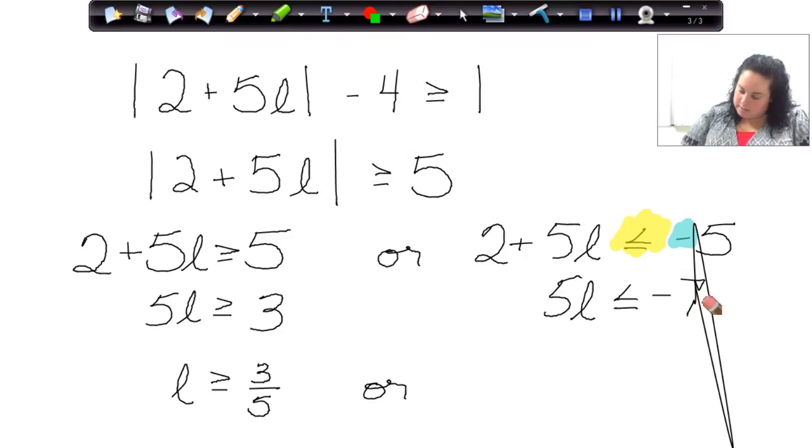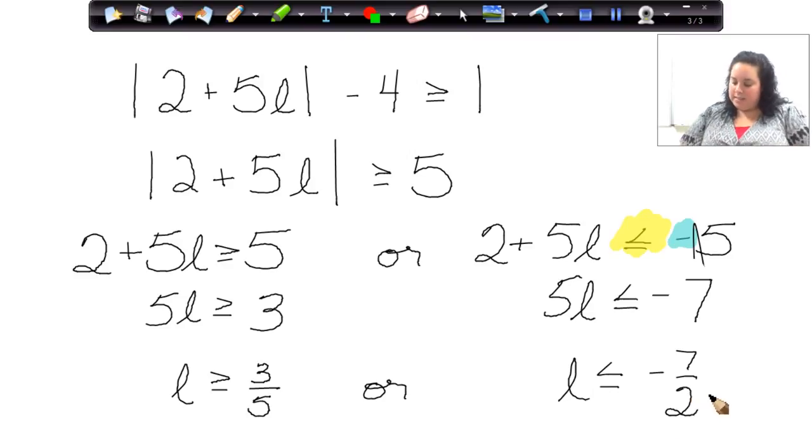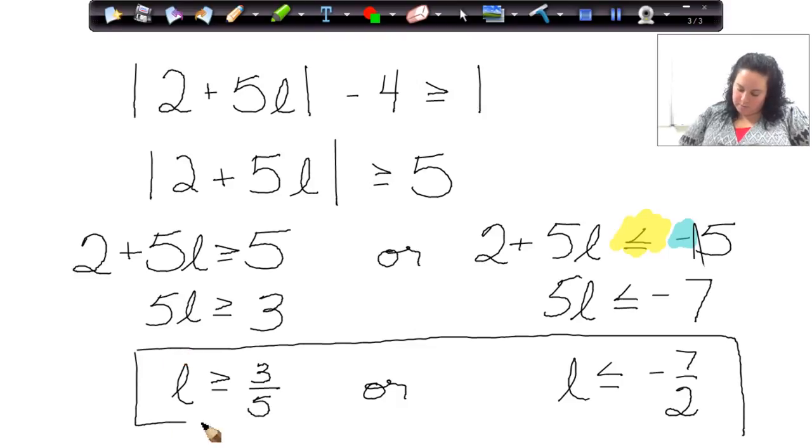L is less than or equal to -7/2. And then you could write these in interval notation. You could graph them on a number line or whatever the directions say.